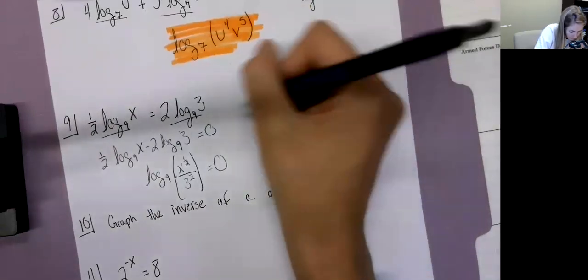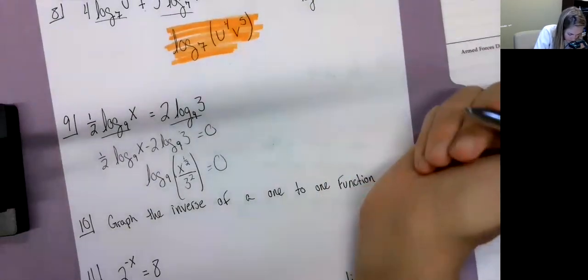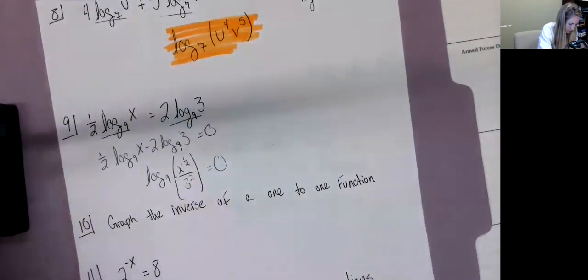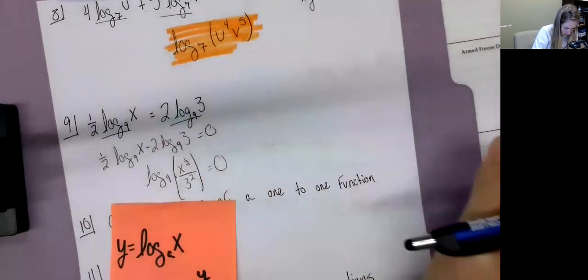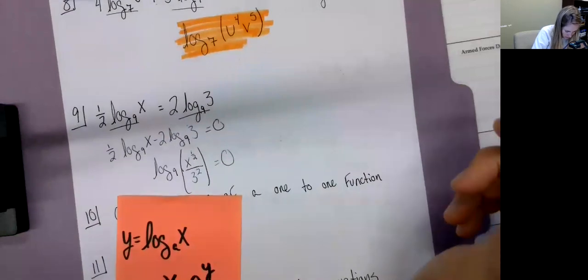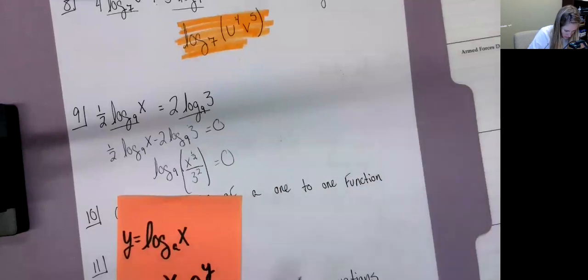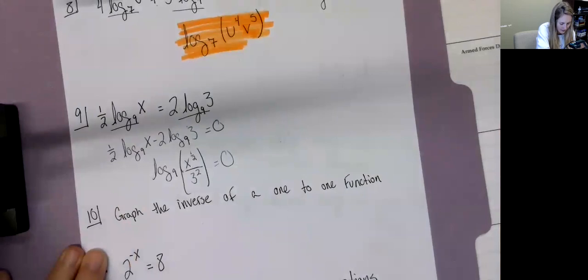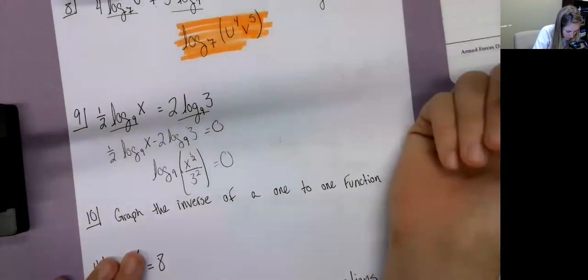I'm sorry. Okay. So 2 log 9, 3. I can rearrange that to be this. Why didn't I write the directions down? I did this last week and I don't remember.